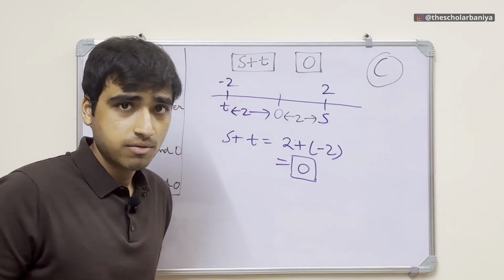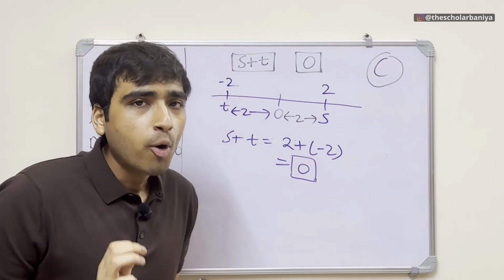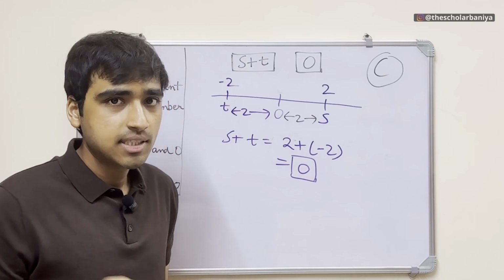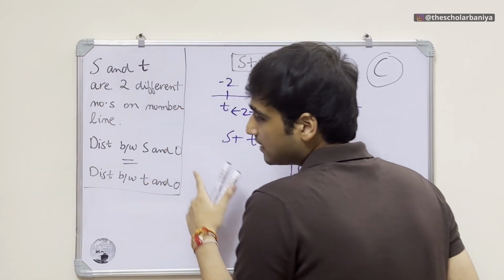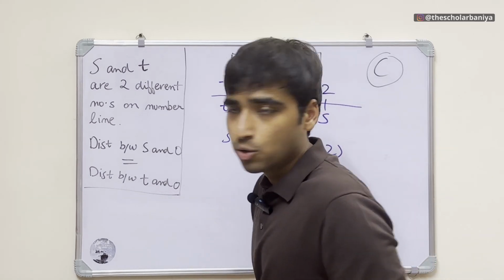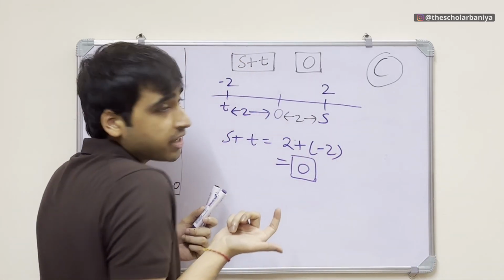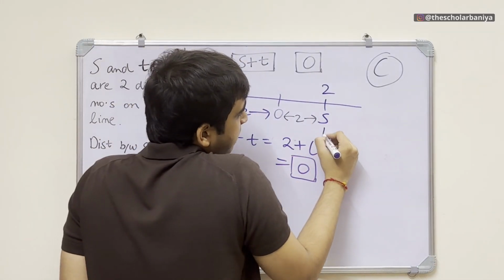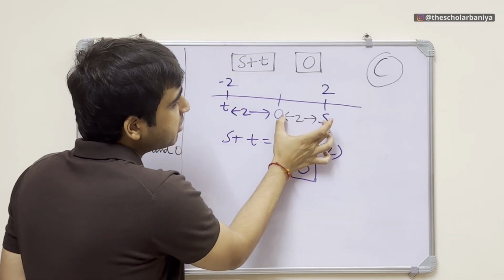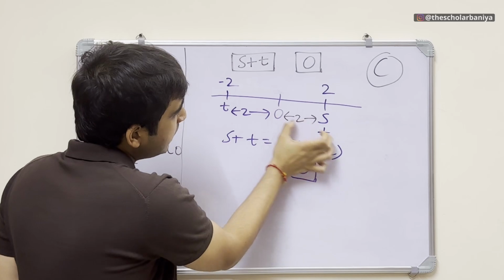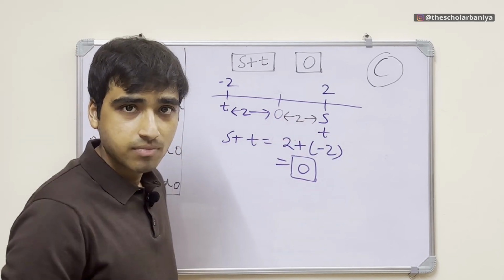Very simple question, right? Now the point over here is that a lot of students make the mistake and they say that the distance between S and 0 is equal to the distance between T and 0, right? So if S is somewhere over here, then we can say that even T is over here, right? Because in this case, the distance between 0 and S is the same as the distance between 0 and T, right?